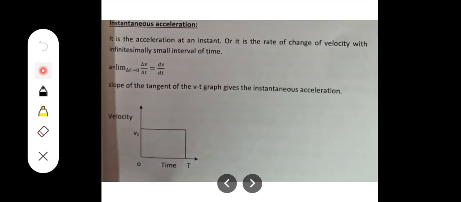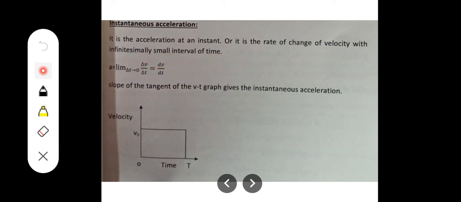Next, instantaneous acceleration. As we have seen instantaneous velocity, here we have to define instantaneous acceleration and how to find it from the graph. Definition wise, it is the acceleration at an instant, or the rate of change of velocity over an infinitesimally small interval of time.